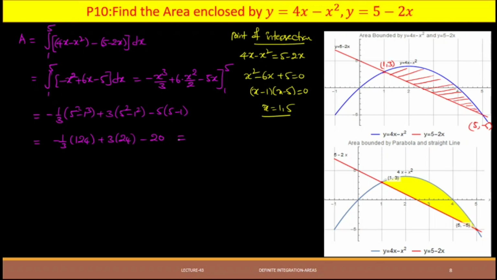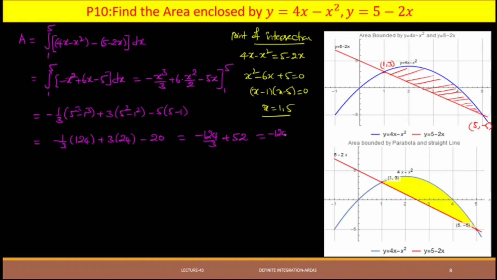So this is equal to minus 124 by 3 plus 72 minus 20, which is 52. So that is 52 into 3, which is 156.